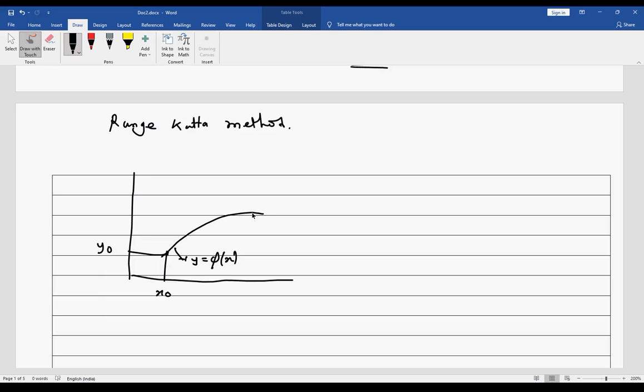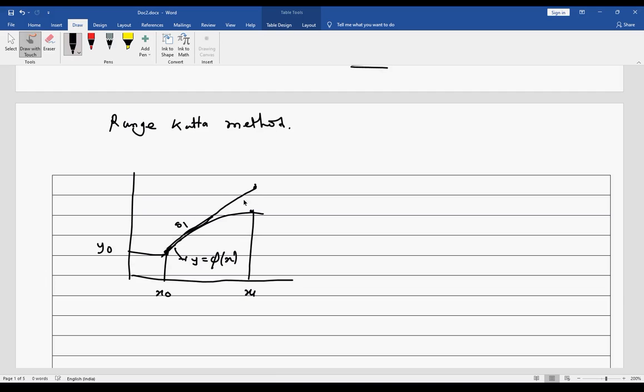Okay, and I need to find this value, that is x1 and the corresponding y1. So here in this case, what do we actually do? First we draw the tangent. That tangent will intersect at this location. The slope of this is represented by s1. So it is the equivalent slope, represented by s1.